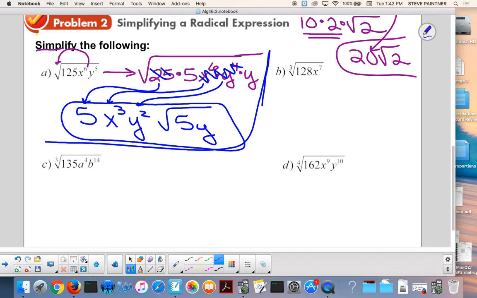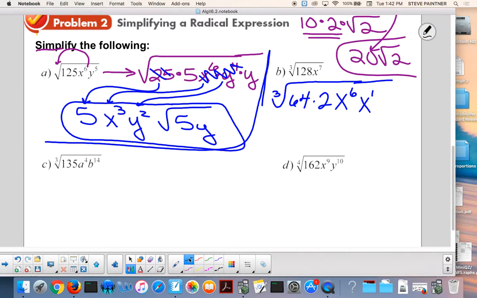So you should be saying the cube root of 64 times the cube root of 2. Then you gotta look at your power of x. It's 7. 7 is not divisible by the root 3. So we're gonna change x to the 7th to x to the 6 and x. Once you do that, guys, it gets much easier.